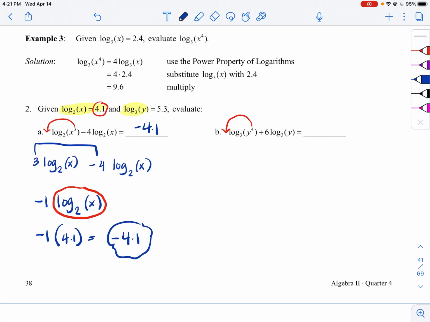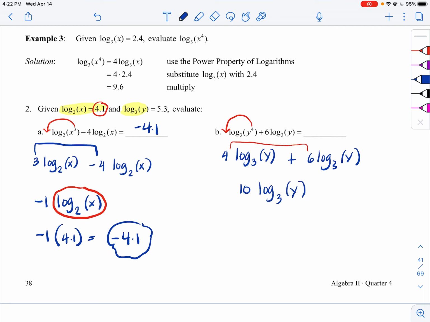Okay, so let's move to the next one. This would be 4 log with a base of 3 of y plus 6 log with a base of 3 of y. So it looks like in here we have again like terms, so I can freely combine my 4 and 6. 4 plus 6 is 10 log with the base of 3 of y.